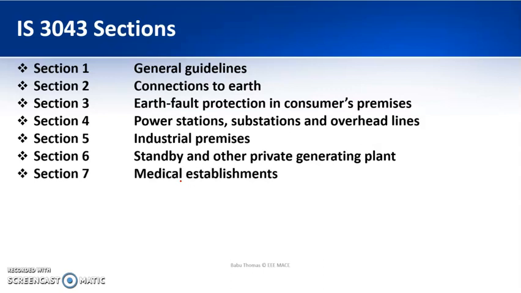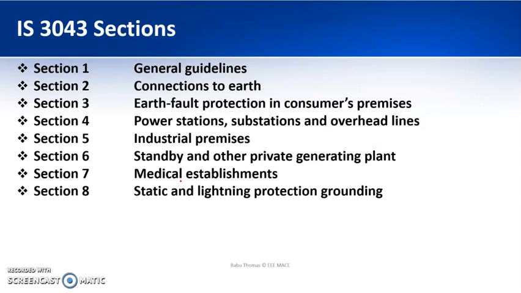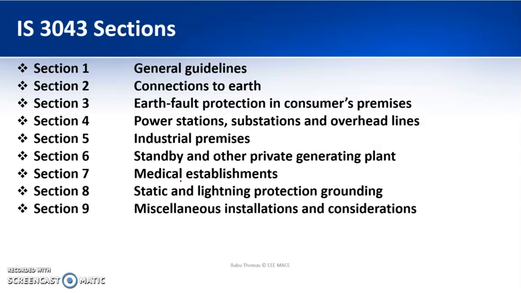Section 7 is related to medical establishments, how the earthing has to be done in the various medical facilities. Section 8 is related to static and lightning protection, grounding, how it has to be done in order to have the earth protection. Section 9 is related to miscellaneous installations, that is, hazardous areas, mines and quarries, then street lights.